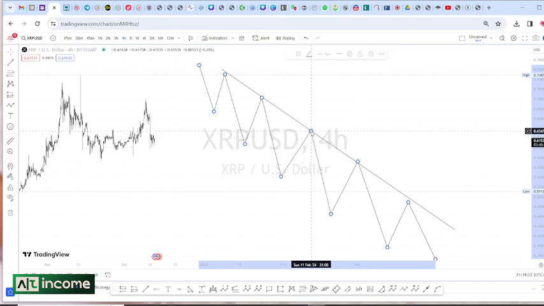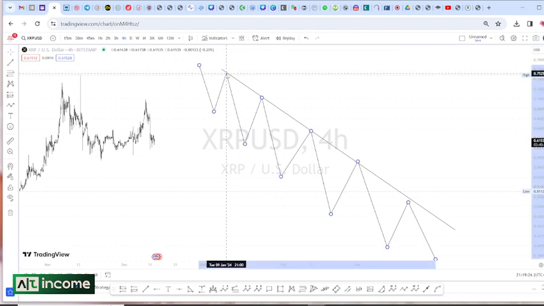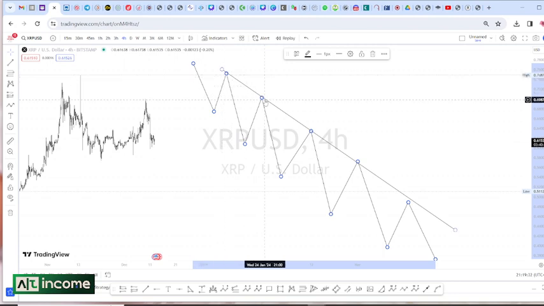This can be anything, this is just a rough hand sketch. So basically when you have two touches like this, it's already identified that yes, it's now on a bearish trend, and this is a dynamic resistance. Dynamic resistance because when price touches it, it is pushed downward.